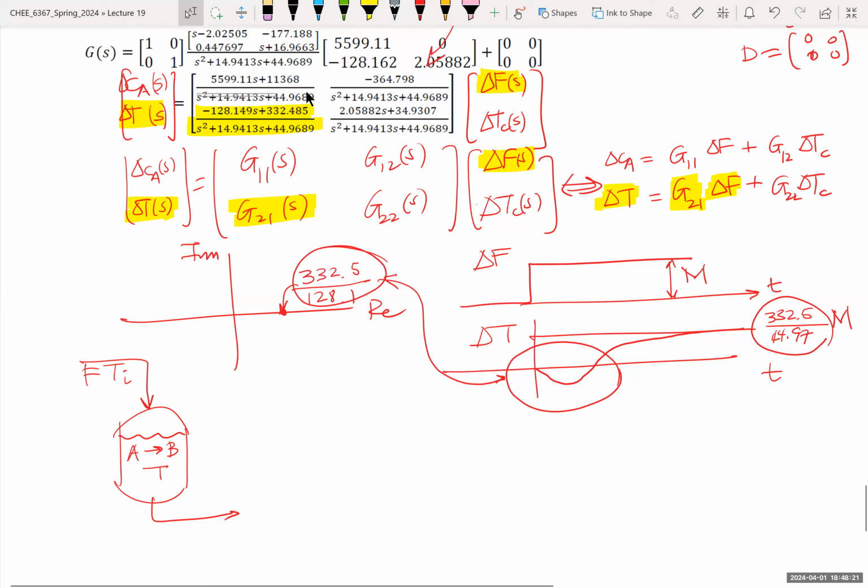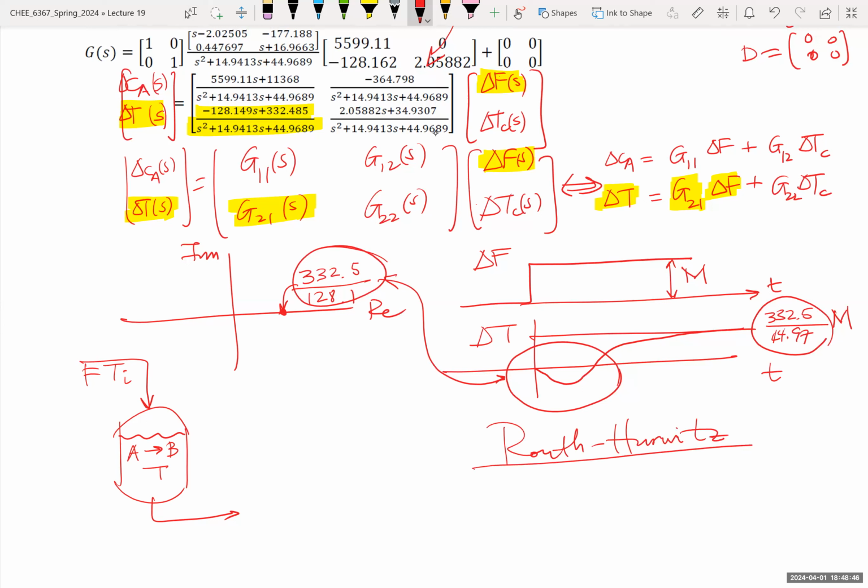Let's look at one of them. This quadratic polynomial has roots in the left half plane because all three coefficients have the same sign. Remember the Routh-Hurwitz criterion? The Routh-Hurwitz criterion gives us necessary and sufficient conditions for the roots of any polynomial to be in the left half plane. Necessary is that all coefficients have the same sign.